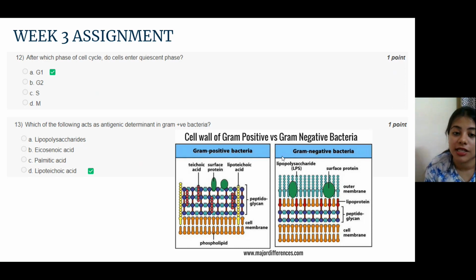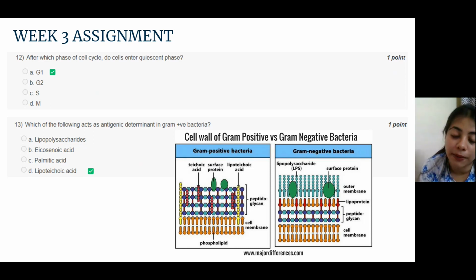Now, since our question is asking about gram-positive bacteria and their antigenic determinants, among the options we have lipopolysaccharides, eicosanoic acid, palmitic acid, and lipoteichoic acid.